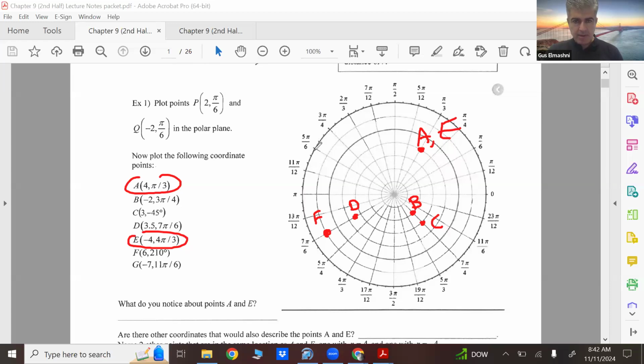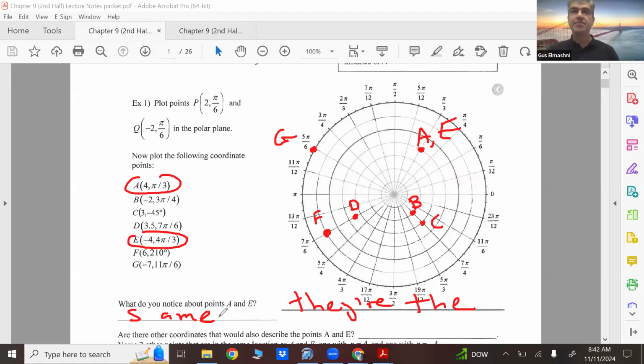Hold on. Over here? Am I at the right place? Yeah, I think so. That's G. So it should be pretty straightforward. I mean, you guys know stuff. So we know about points A and E. They're the same. That's what we noticed about A and E.